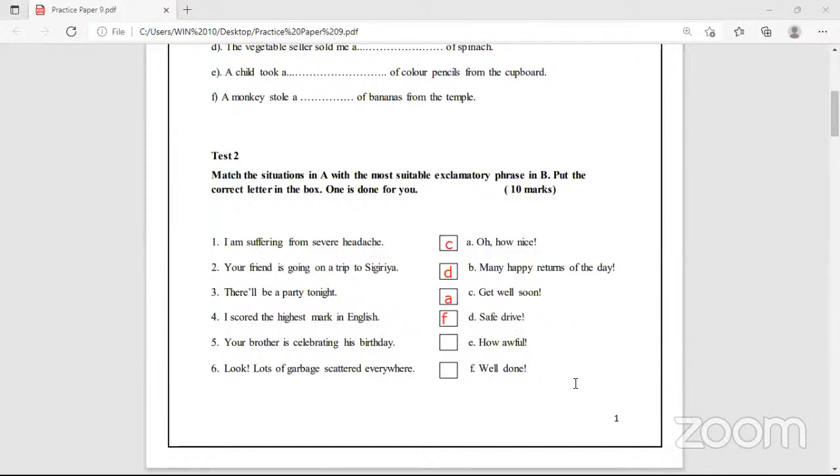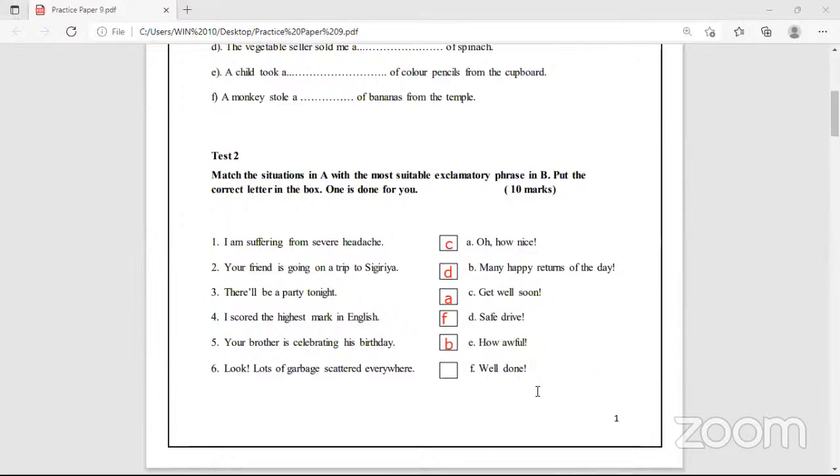Next one, fifth one, your brother is celebrating his birthday. So we all know that common response, many happy returns of the day. The answer is B for the fifth one.